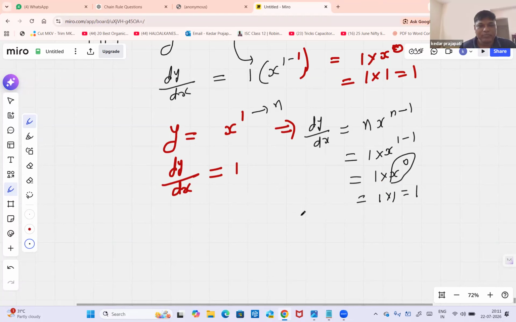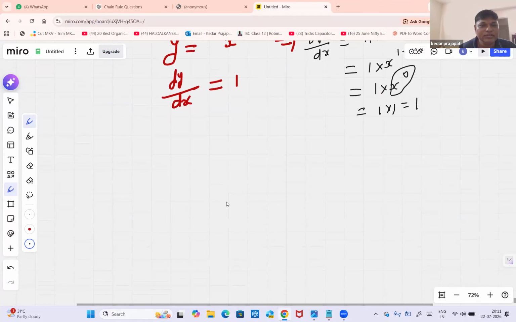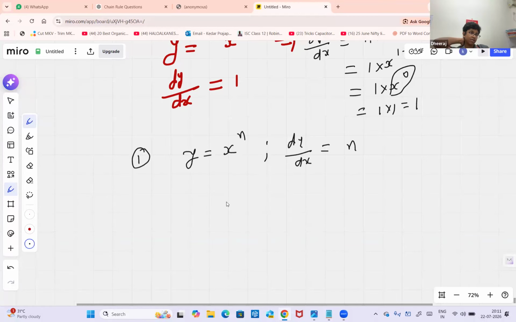So now we are building the foundation. What did we know? If y equal to x to the power n, then dy by dx is n x to the power n minus 1.